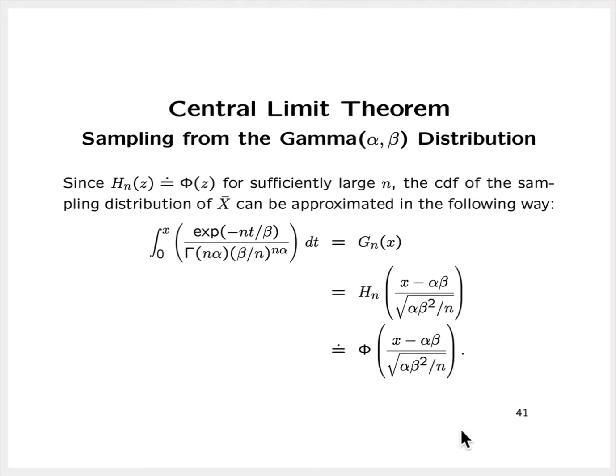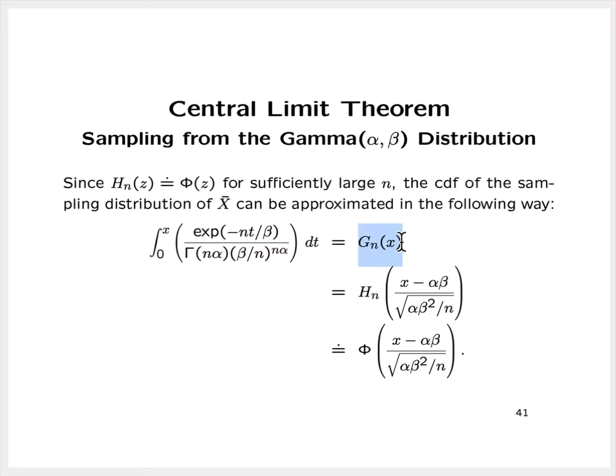Now, this slide is showing that because the CDF of the standardized version of X bar, the CDF of Z sub n, is approximated by the standard normal CDF for sufficiently large n, the CDF of the sampling distribution of X bar itself can be approximated in the following way. So this expression here is the integral expression for the CDF of X bar itself.